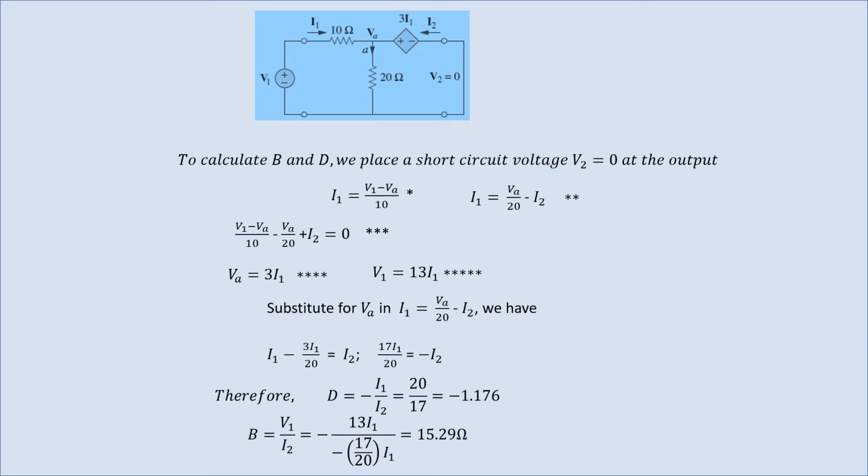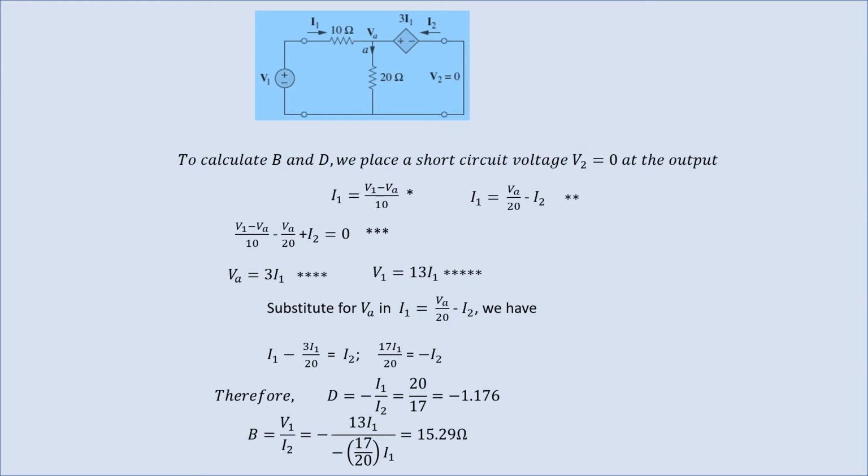And going further, remember that our I1 also will be VA divided by 20, that is the current flowing in the 20 ohm resistor, minus current I2. Minus because the current I2 is flowing into the junction instead of flowing out of the junction, and it is the current I1 that is producing it.